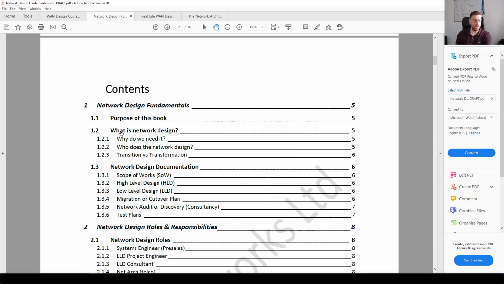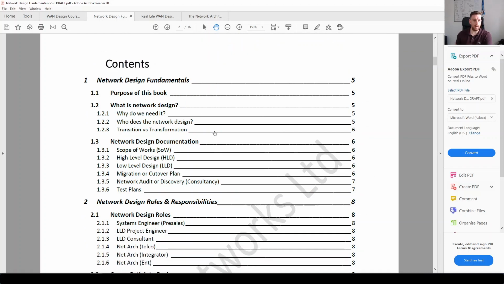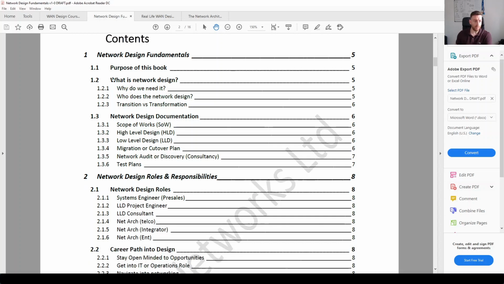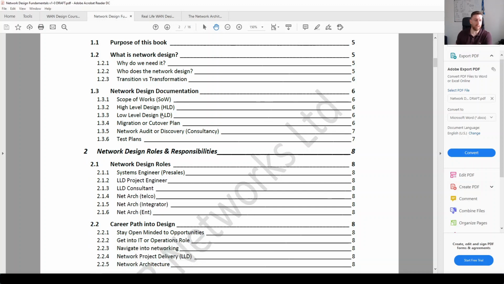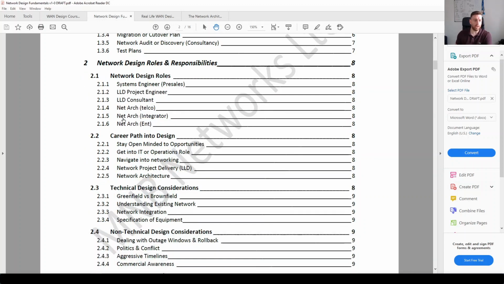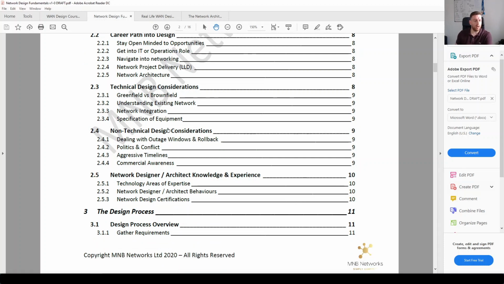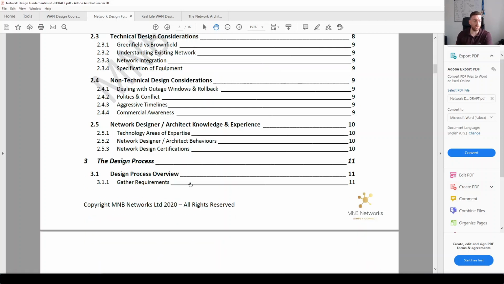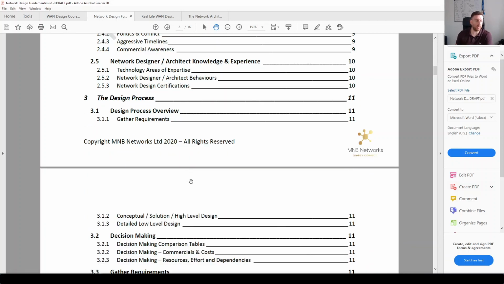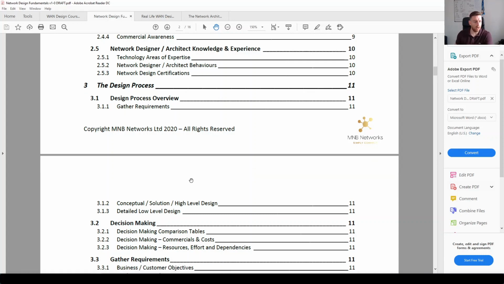Again, I've taken the subject matters from the course and fleshed them out in the book. So we're going to talk about anything from what is network design documentation, the different types of network design roles and the responsibilities, how to pursue a career in network design, and then some of the considerations and behaviours that you're going to have if you want to be a network architect or designer.